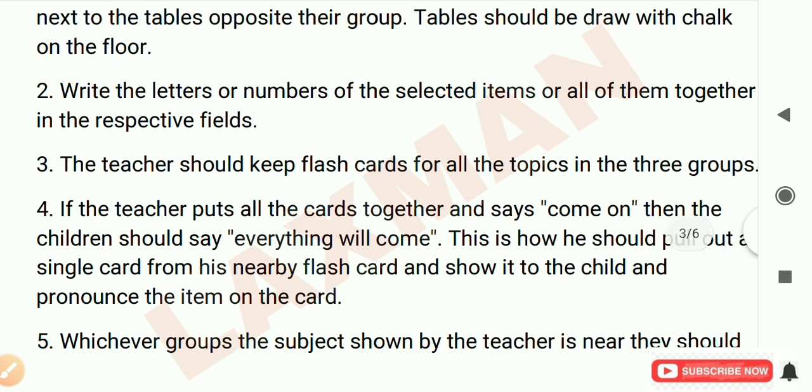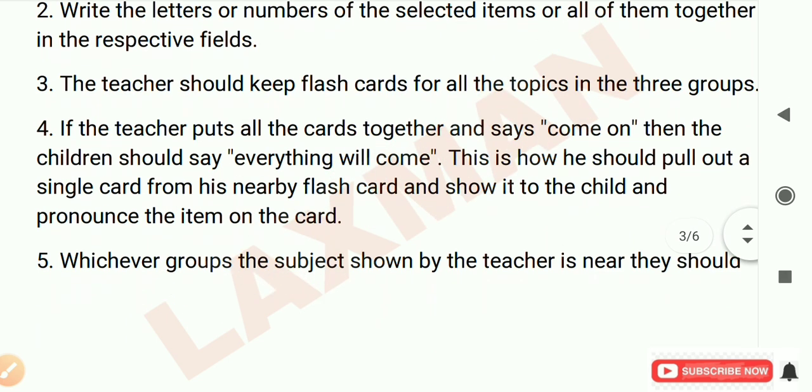Write the letters or numbers of the selected items or all of them together in the respective fields. The teacher should keep flashcards for all the topics for the 3 groups. If the teacher puts all the cards together and says, "Come on," then the children should say, "Everything will come."